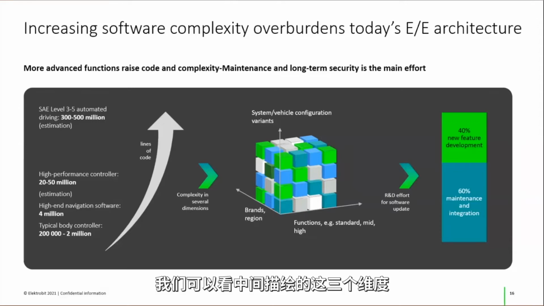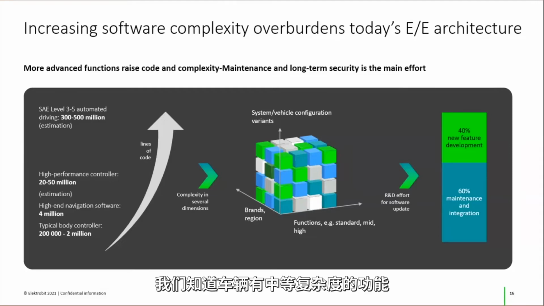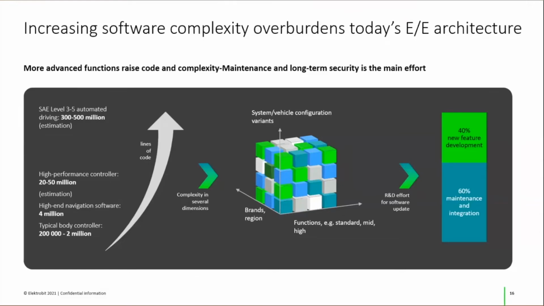And there are, in the middle here, 3 dimensions depicted. There is one dimension that describes the complexity of a certain function. There are standard functions that, for example, have very low complexity. Then we can think of mid-range complexity functions. And there are, of course, functions inside the cars which add a lot of complexity, so a lot of lines of code.